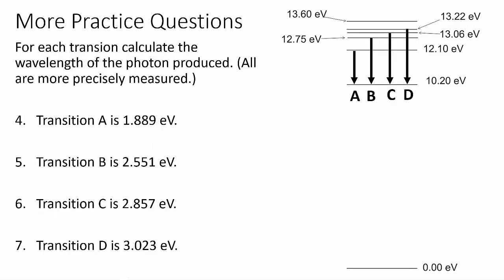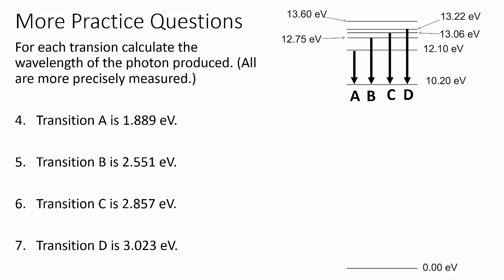And so your extra practice is to look at each of those transitions, and here I've just given them letter names, which I just made up for this, so don't assume those are what they're called. But for each transition, calculate the wavelength of the photon produced, and I used much more precise values of the energy levels when I determined these energy differences. So these will be more precise, but transition A, 1.889 electron volts, B, you can see what they are there.